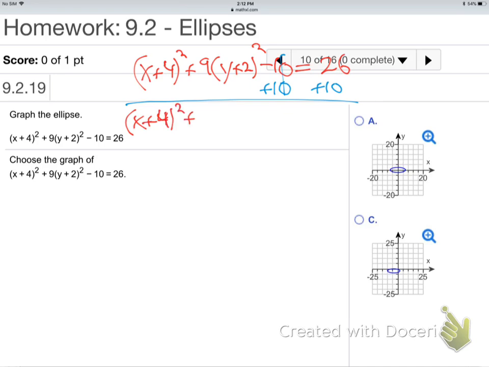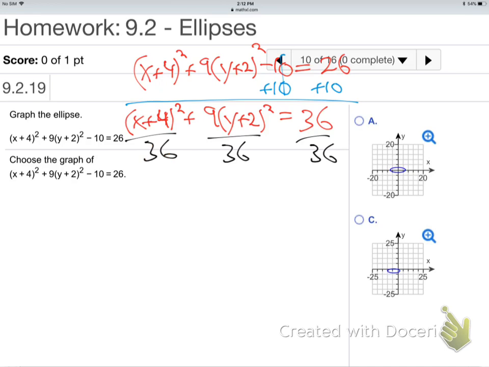x plus 4 squared plus 9y plus 2 squared is 36. And then we got to get a 1 on the right side, so you know what to do, right? Make that right side a 1. Divide by 36, divide by 36, divide by 36.